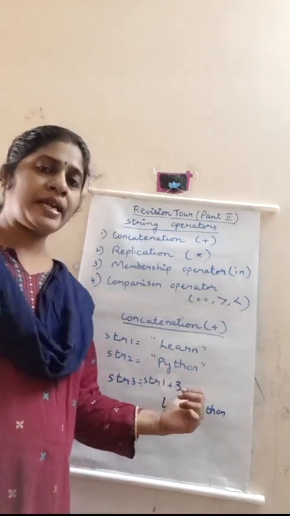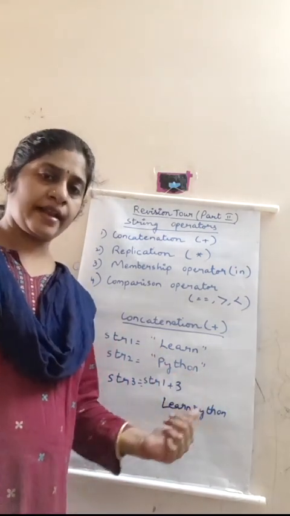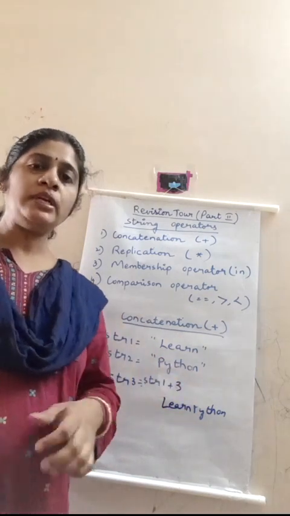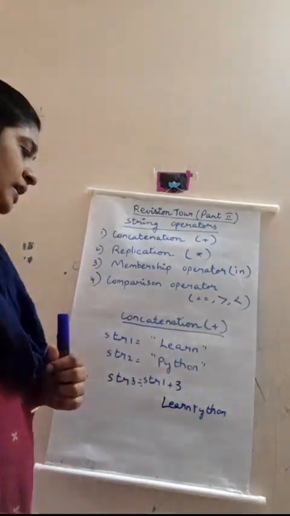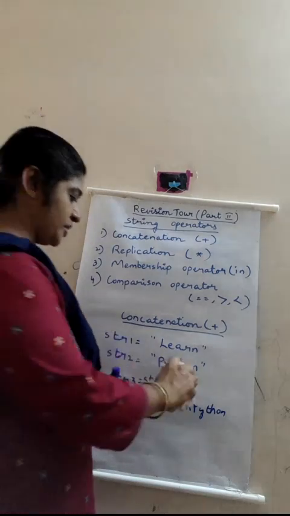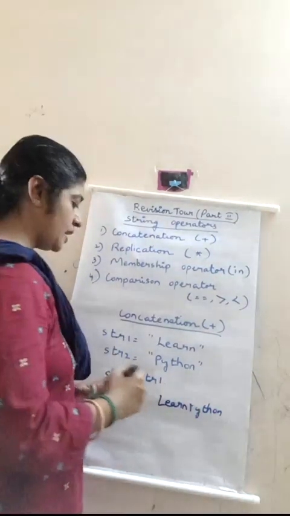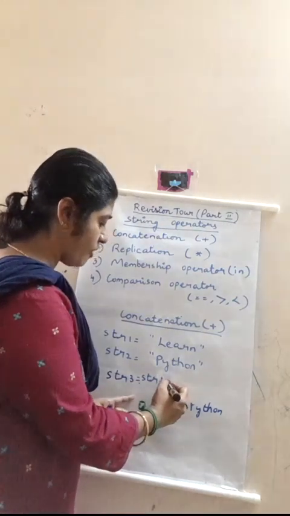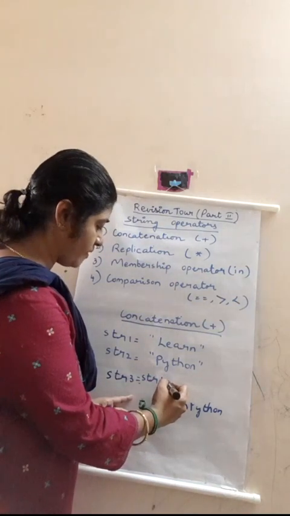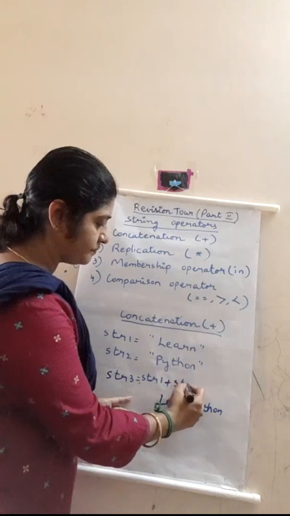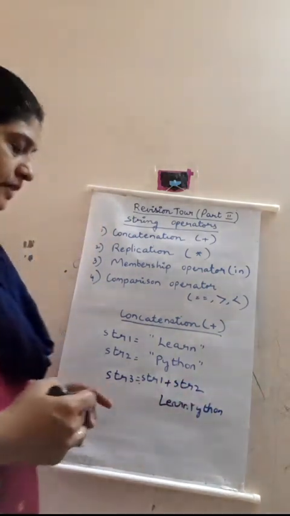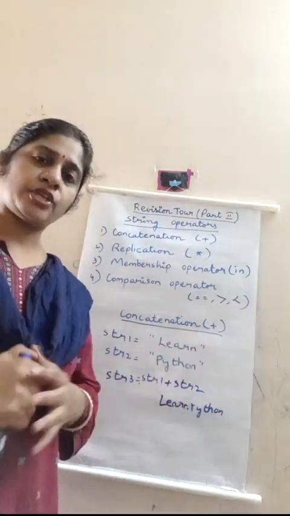One string and one integer will give you an error. So this thing you have to keep in mind when performing the concatenation operation. So this is about the concatenation operator.